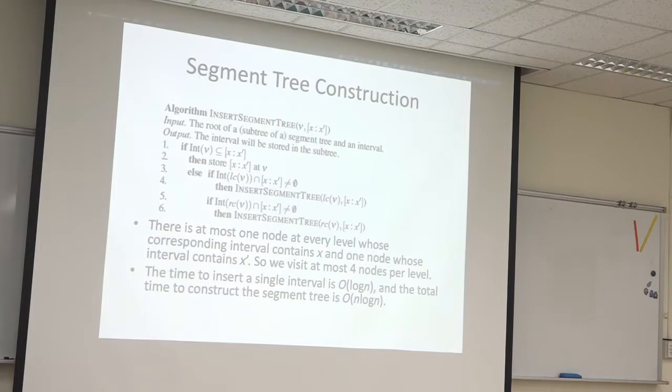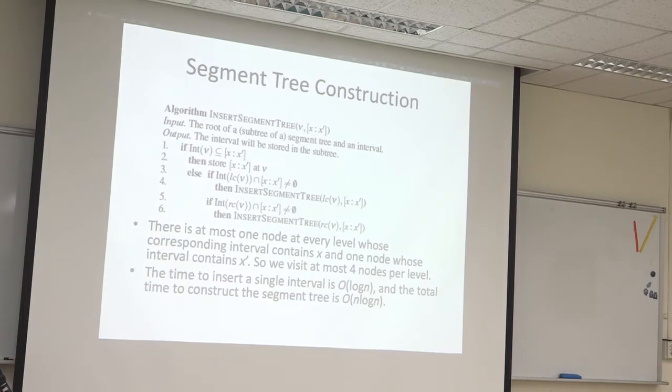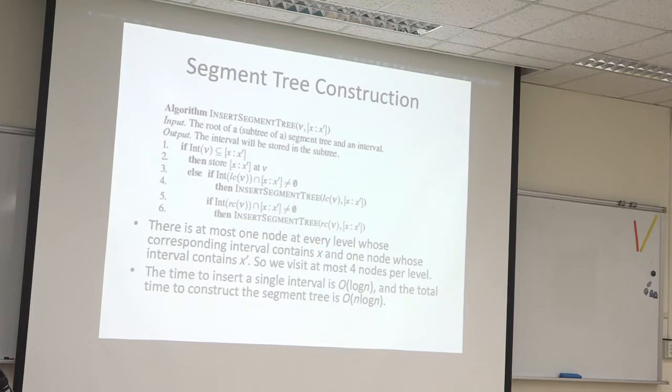You can create those elementary intervals in linear time. Of course, you need to sort those 2n points from left to right. The sorting takes n log n time, but that will only be done once.